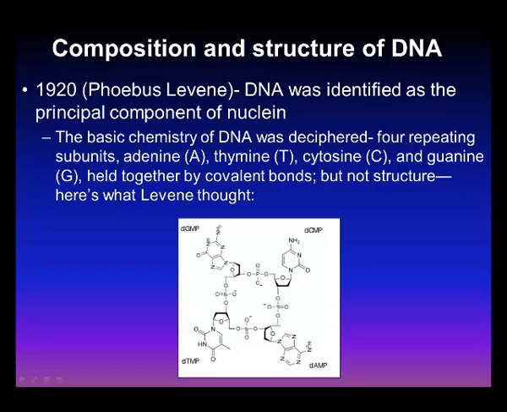He was starting to understand that there seemed to be some relationship between the amount of these particular bases that were present. He didn't really investigate it, and he proposed this structure you see here at the bottom of the screen. And what this is showing is that DNA structure is formed by phosphodiester bonds between 4 nucleotides, which are joined together in a circle. And of course, we know that the structure is one of a double helix.